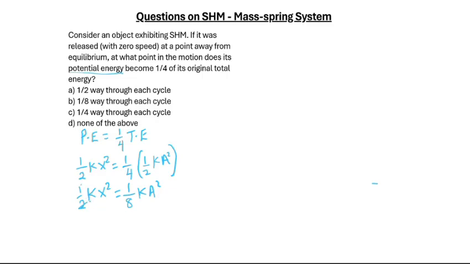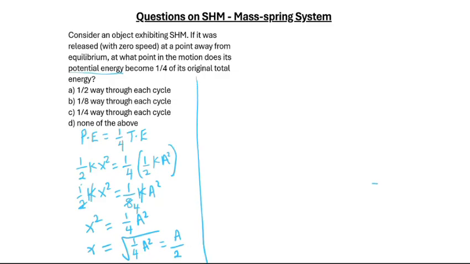Then 2 we cancel 8, as we say, it will give us 4. K we cancel K. Then we have x square on the left hand side, and we have 1 over 4 a square on the right hand side. And our x should be square root of 1 over 4 a square. Now square root of a square is a, and square root of 4 is 2.